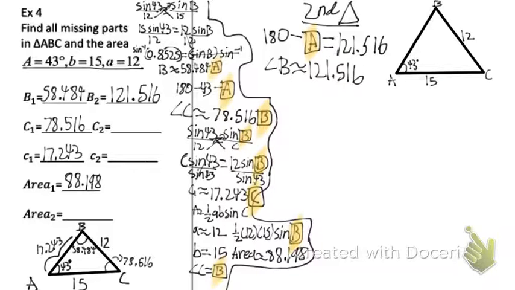So let's save that as letter D. Now to find angle C, we subtract: 180 minus 43 minus letter D.